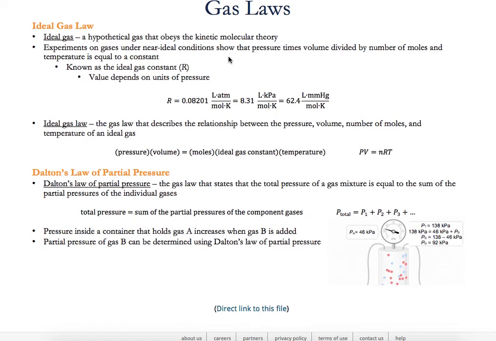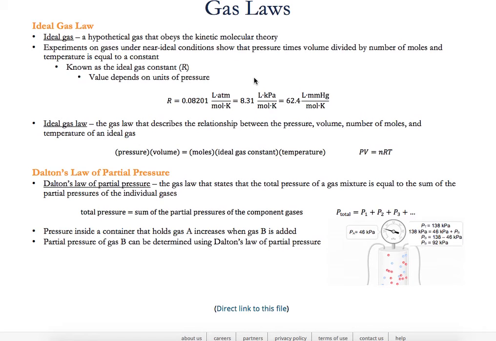Remember, some of the tenets from the kinetic molecular theory are not 100% accurate, but they are assumptions that are made if we say that our gas is ideal or perfect gas. For example, that there's no force of attraction between the gas molecules would be an assumption that's not exactly true.